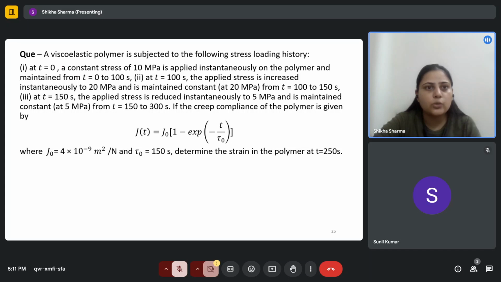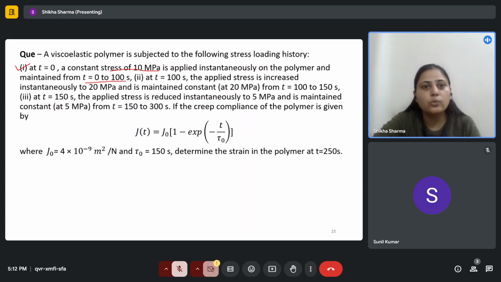A viscoelastic polymer is subjected to the following stress loading history, with three conditions applied. At t equals 0, a constant stress of 10 megapascal is applied instantaneously on the polymer and maintained from t equals 0 to t equals 100 seconds.